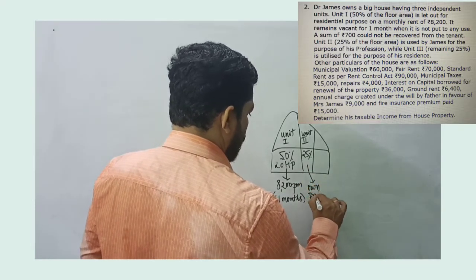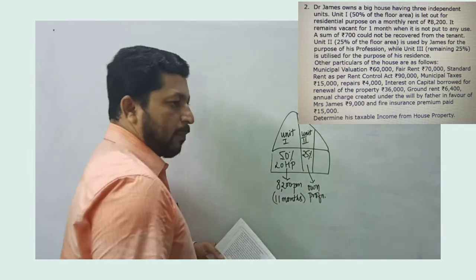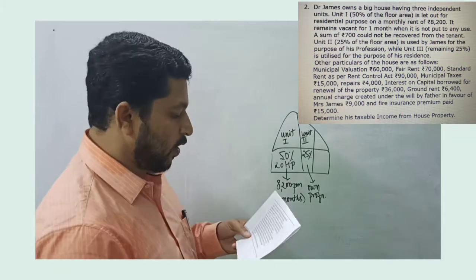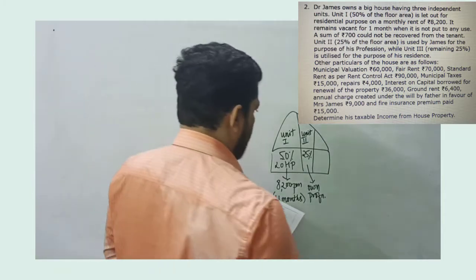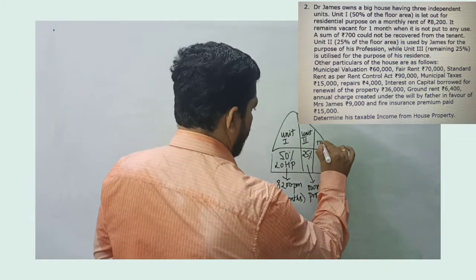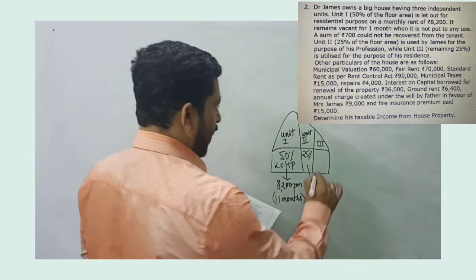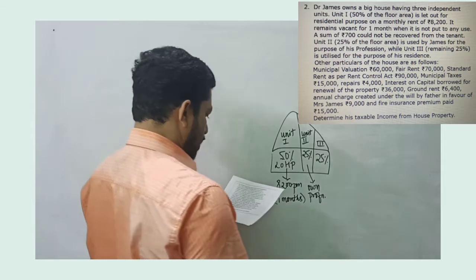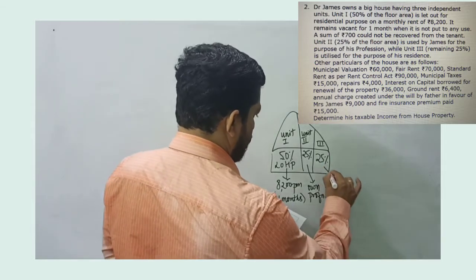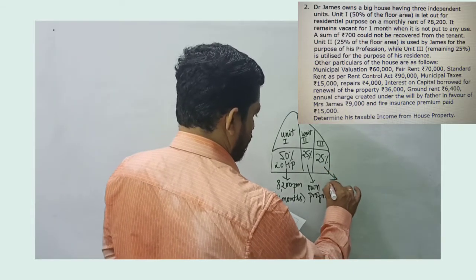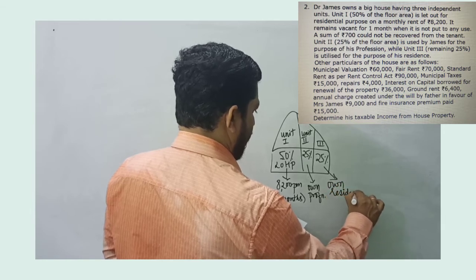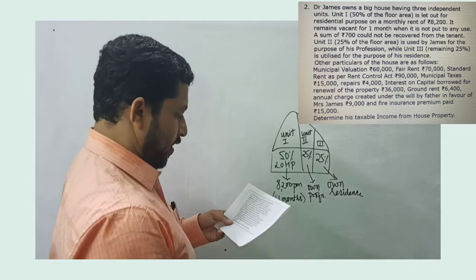So when the assessee is using either the entire property or part of the property for his own business or profession, we don't include it under the concept of house property at all. Then we have unit 3, which is again 25% of the area, and this 25% is utilized for his own residence. So this is own residence, that is, you can call it a self-occupied portion.